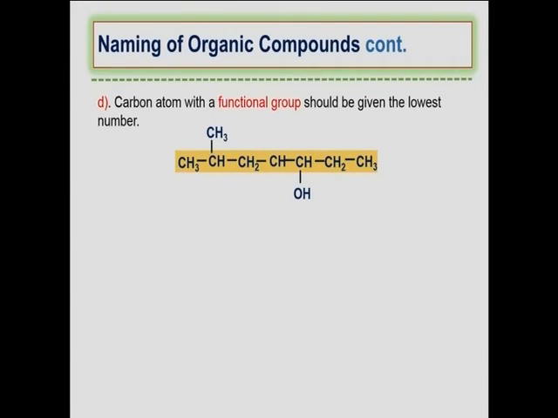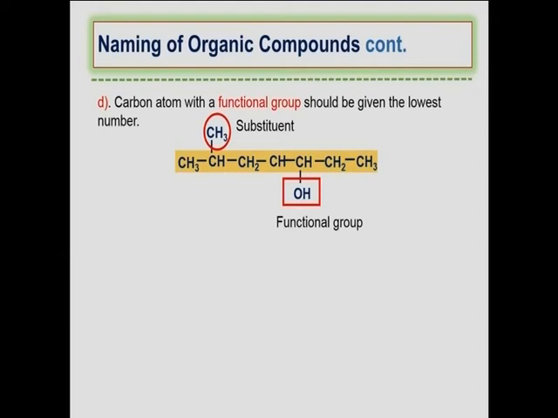And if the organic compound actually has a functional group, you should forget about the substituents, you should forget about the branches. The carbon with the functional group will always get the lowest number. For example, you have the functional group OH, the hydroxyl or alcohol functional group.